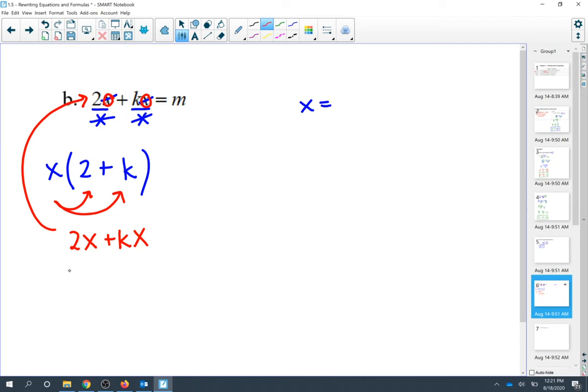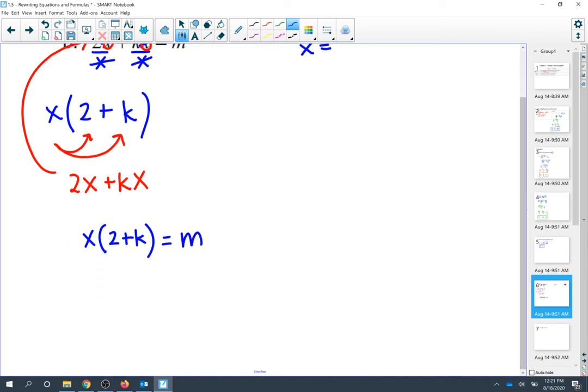I'm going to go down. We factored it out and we had x times (2 plus k) equals, and then over here we had an m. So that's where we're at right now in our equation. And now I want to get this x by itself. Well, this is x times this whole quantity. The opposite of times is divide.